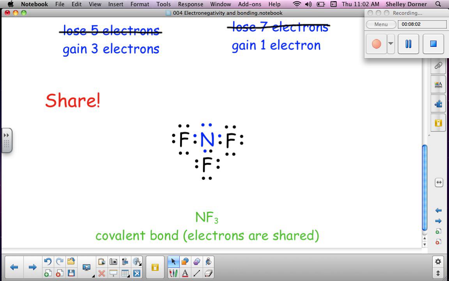So looking at what we know about average valence electron energy, electronegativity, and an element's desire to become isoelectronic with a noble gas, we've considered 2 possible ways that bonds can be formed: through the sharing of valence electrons, as in NF3, and through the transfer of valence electrons, as we had in the situation with the MgCl2.